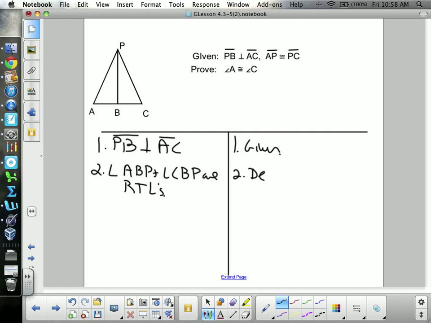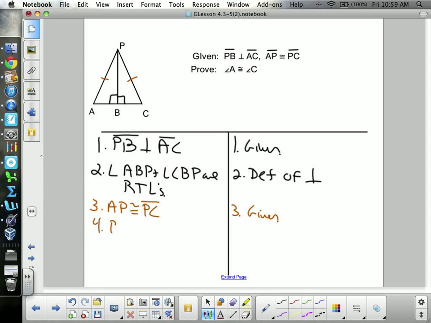Definition of perpendicular. Why might I need to know that? Because maybe with right angles I might be going for HL. I could say they're congruent as well, but I don't need to yet. So I'm going to do AP is congruent to PC. That's given.